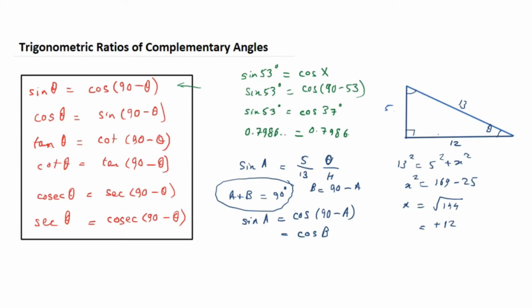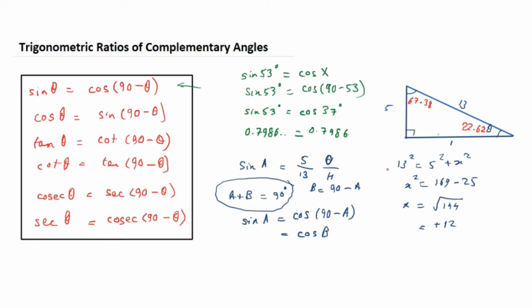Or we can just say that this angle will be 22.62 degrees, and if this is 22.62, then this has to be 90 minus 22.62, which will give us 67.38 degrees.